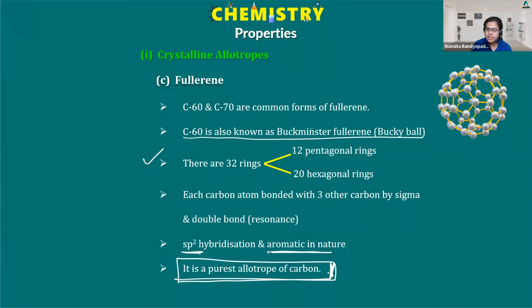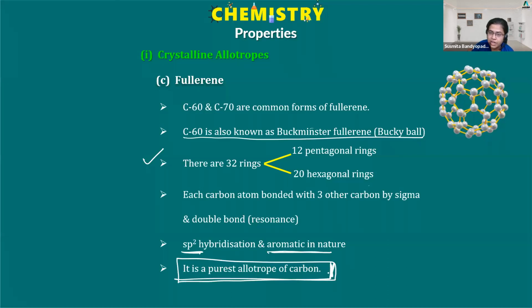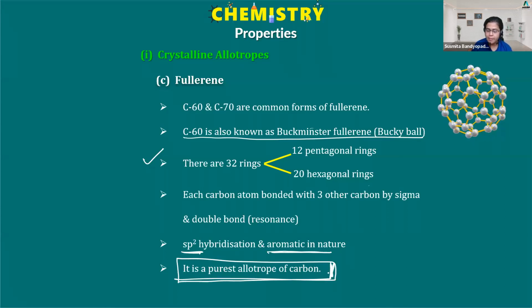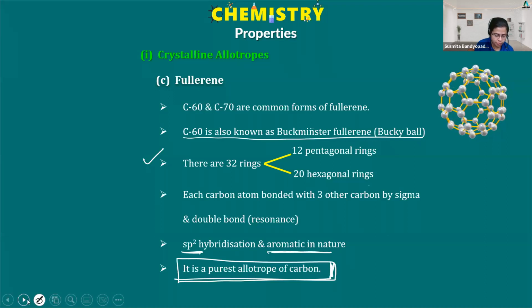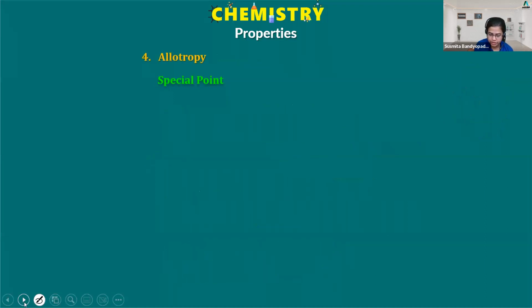As I was reading about diamond and graphite, sometimes certain other impurities also get bonded with carbon, but that's not seen in the case of fullerene. So just remember, thermodynamically most stable is graphite, followed by the purest allotrope of carbon, fullerene. Remember this.